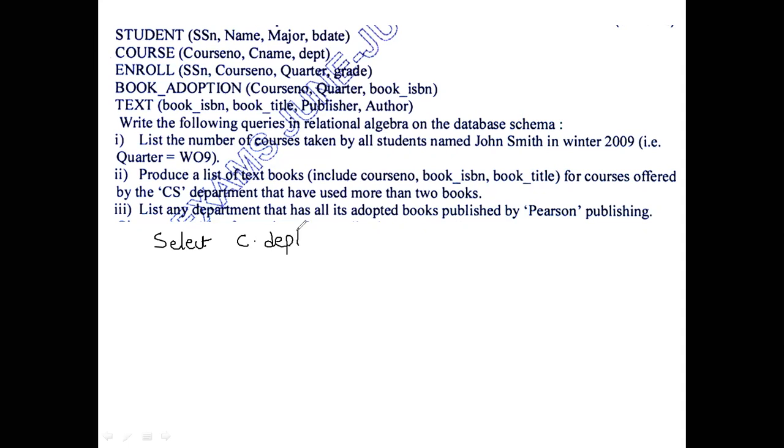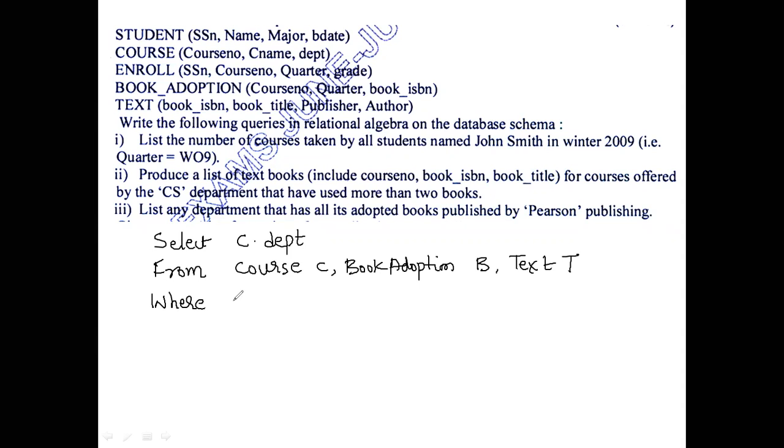So C dot department from, the tables we need to join are course C, then book adoption, let us call it B, and then text T. Then in the where clause we shall join these three tables using C dot course number is equal to B dot course number, and B dot book ISBN is equal to T dot book ISBN.